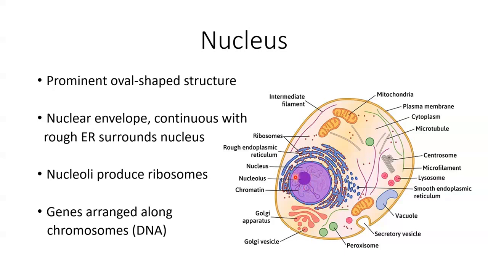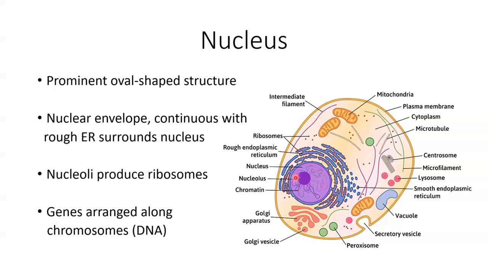And these function in producing the ribosomes. Within the nucleus are also most of the cell's hereditary units, so our genes. These control the shape of our different cells and they direct the cells to act in a certain way.